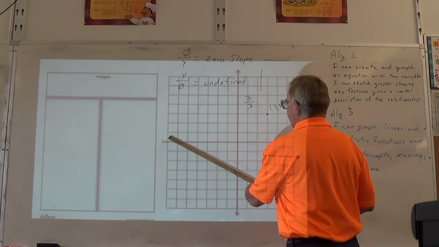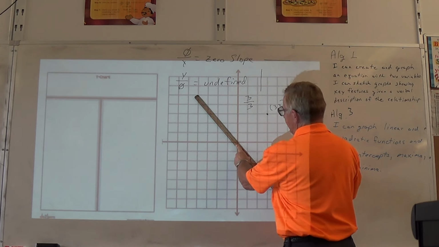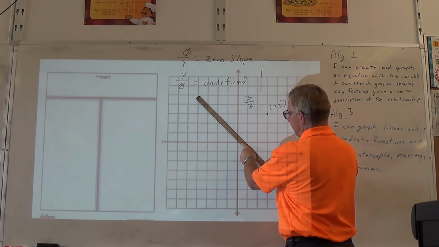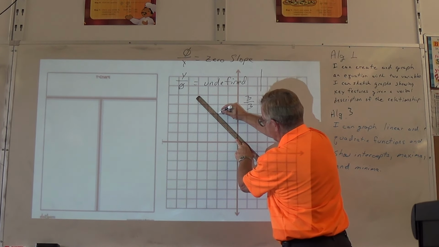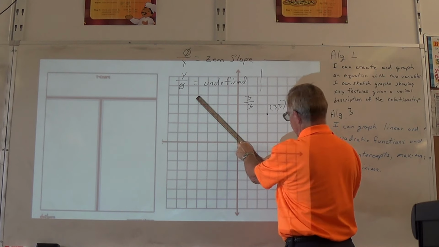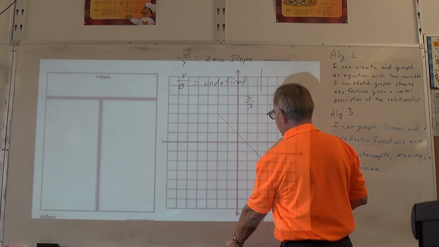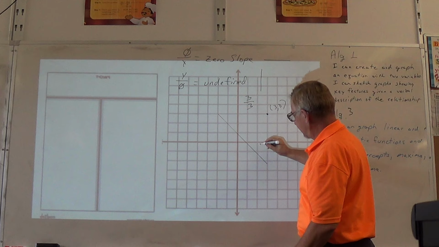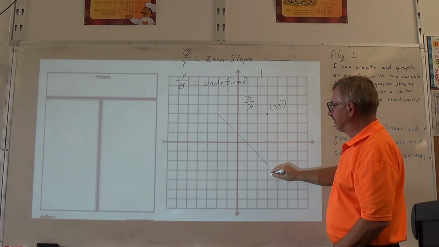Let me draw a negative slope here. That's negative 1.